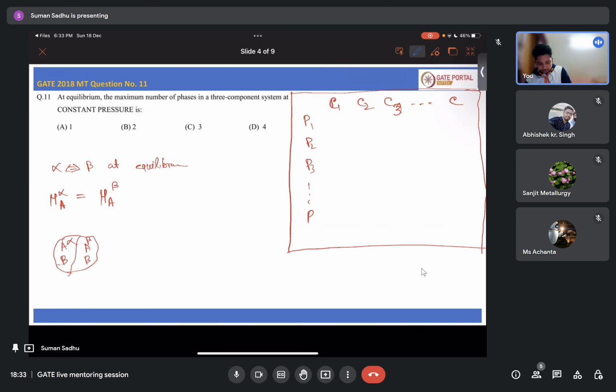So you cannot compare the chemical potential of A with the chemical potential of B, right? You have to compare the chemical potential of A in this phase with the chemical potential of A in that phase. You cannot compare with B because that is a totally different element, right?